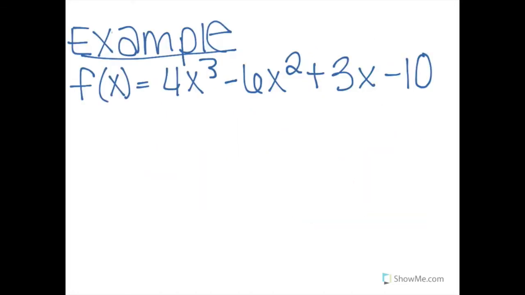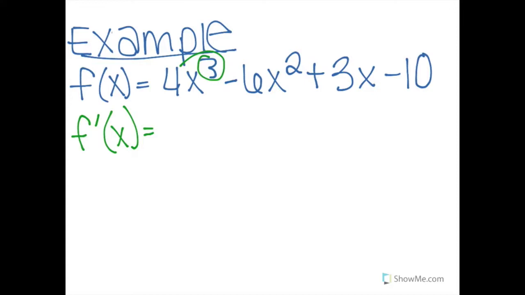An example: f of x equals 4x cubed minus 6x squared plus 3x minus 10. For your first derivative, you would take your exponent and multiply it by the front for each section.